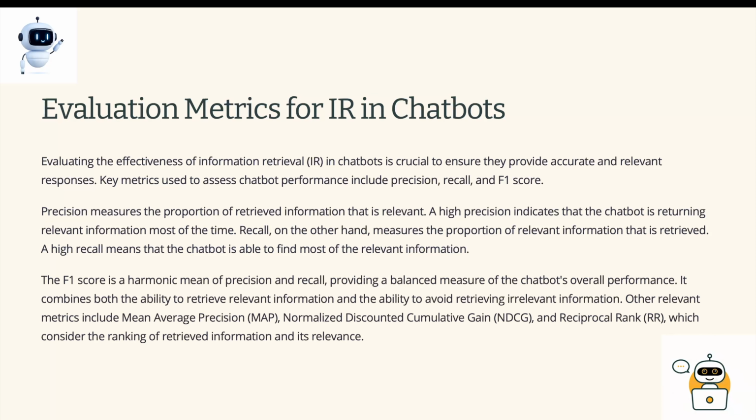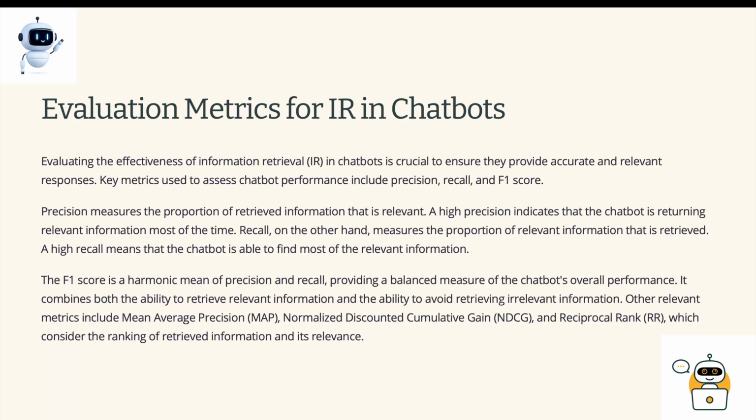the F1 score. Precision measures the proportion of responses that are relevant, indicating how often the chatbot provides accurate information. High precision shows that the chatbot returns mostly useful information. Recall assesses the chatbot's ability to retrieve all relevant information, ensuring it does not miss critical data.